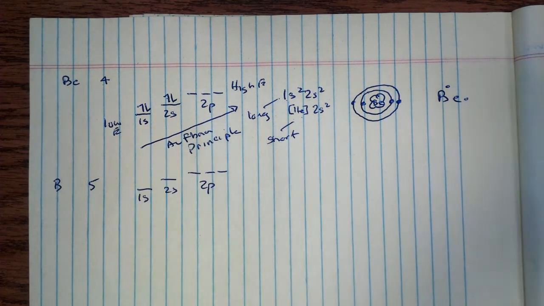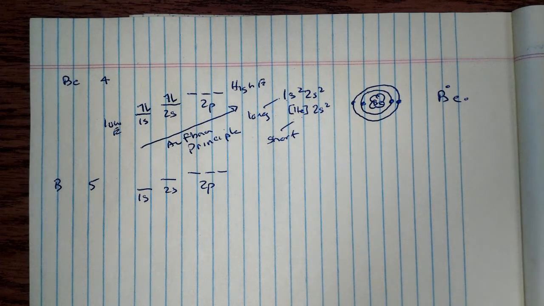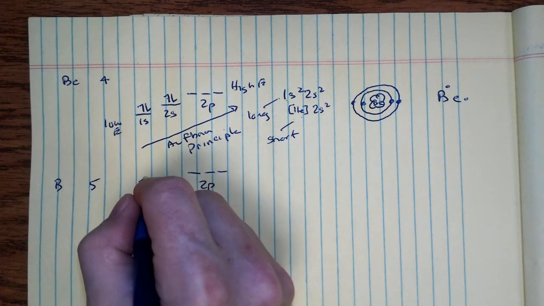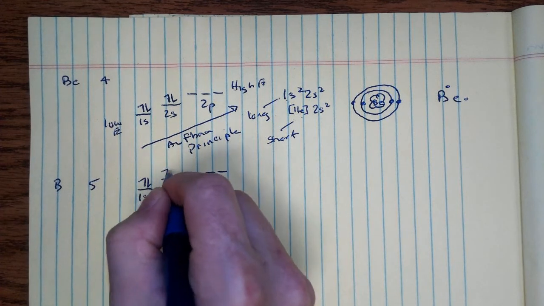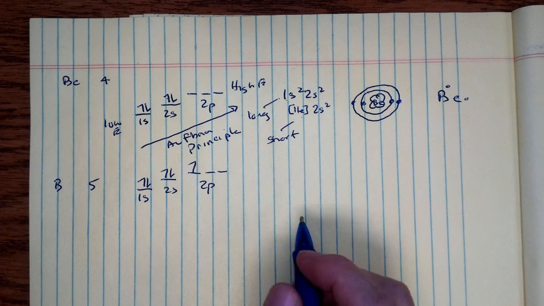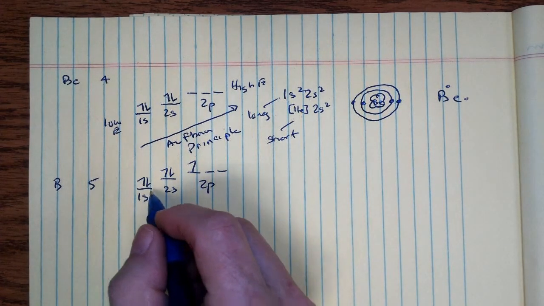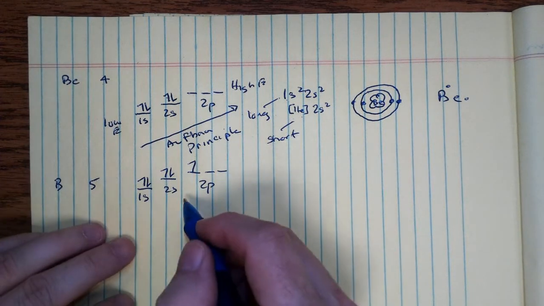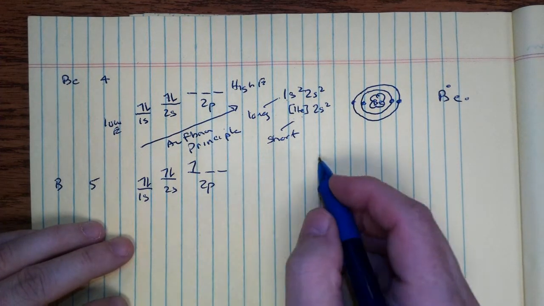Now you guys feel free to chime in and answer. So anyway, we got 1, 2, 3, 4, 5. So again, this is low energy going to higher energy. You're filling low energy first. That's the Aufbau principle.